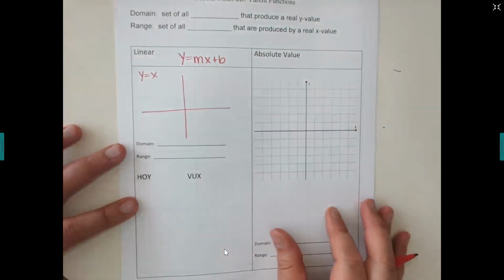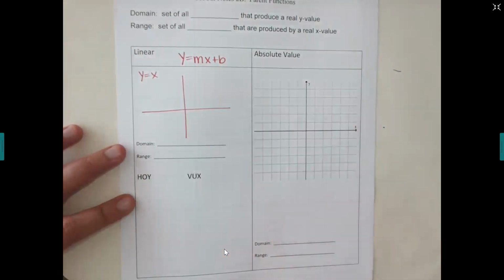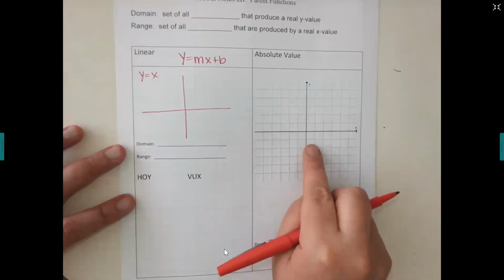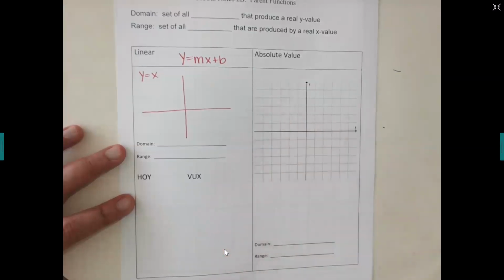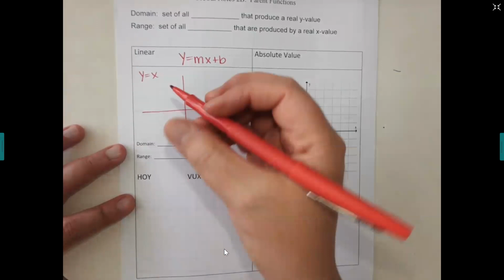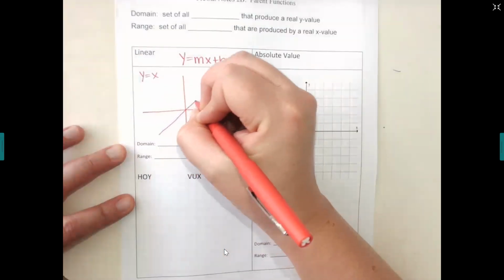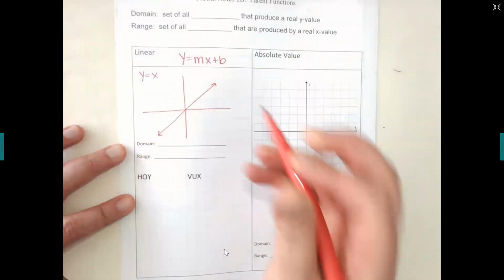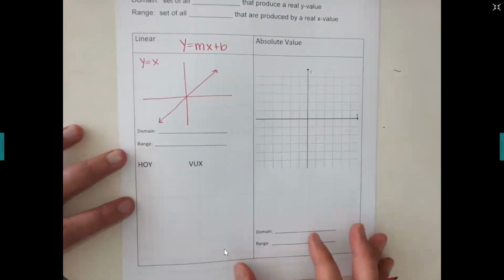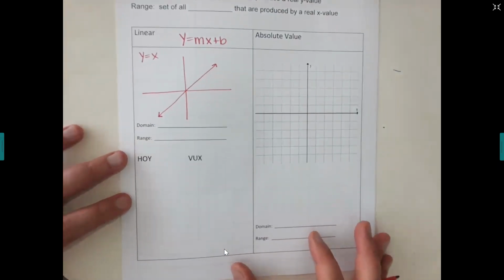And I forgot to put a grid on this, but remember that y equals x is a straight line uphill, and it should hit perfectly corner to corner. So if you had the boxes, you would have to be a little more specific, but we don't. So just kind of draw it in like that.